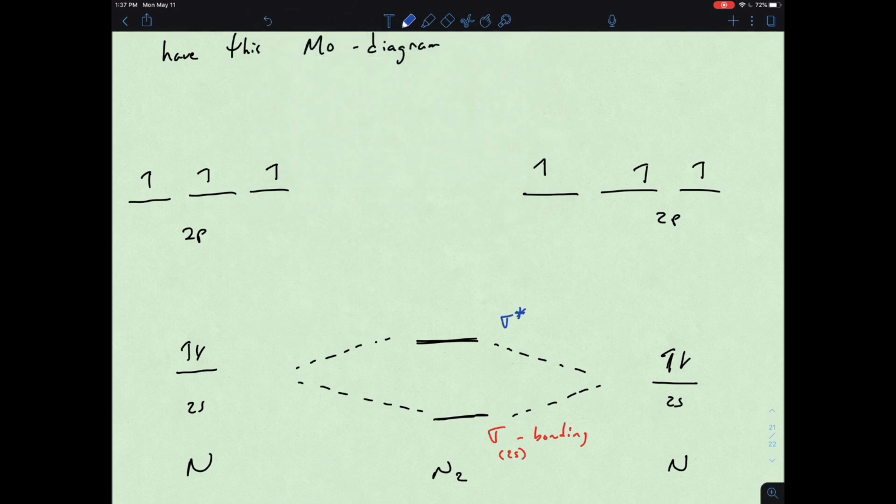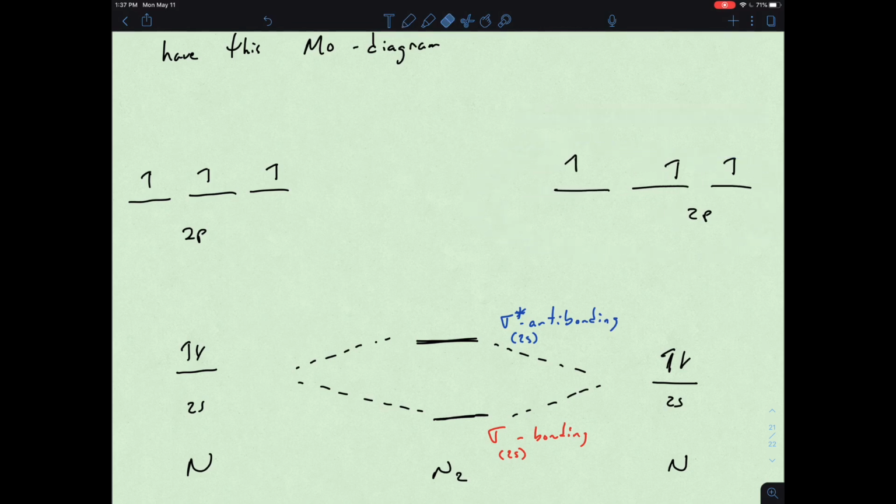And then we have our sigma star anti-bonding, and again that would be our 2s. Bring the two 2s's together. We then have to bring together the 2p orbitals. So here's where we find a discrepancy between certain diatomics, mainly nitrogen and oxygen.